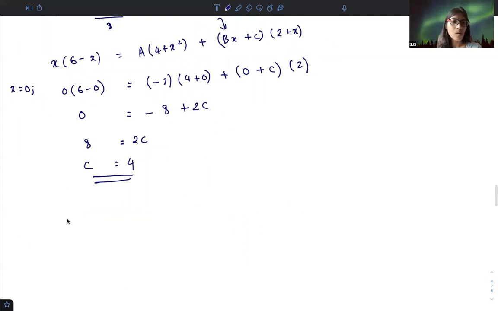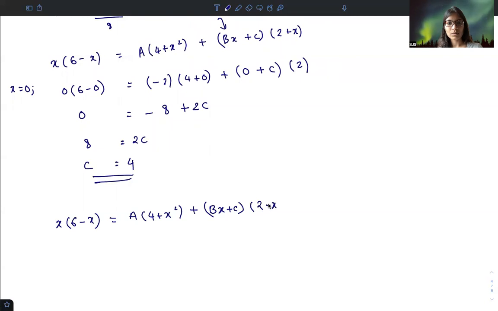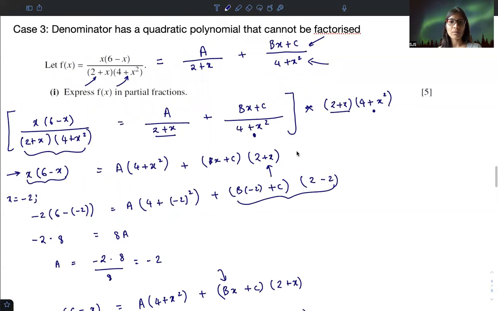So if I put x is equal to 1, let's just take the same equation first. x times 6 minus x is equal to a multiplied with 4 minus x, 4 plus x squared plus bx plus c. This is what we got from our previous step, right?